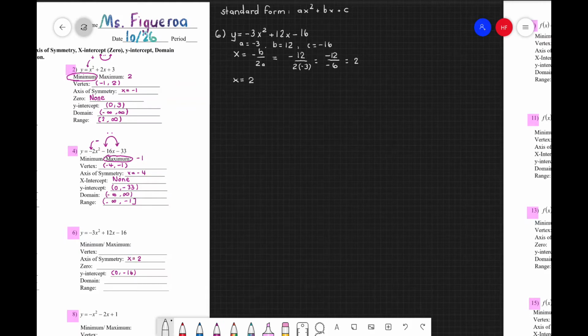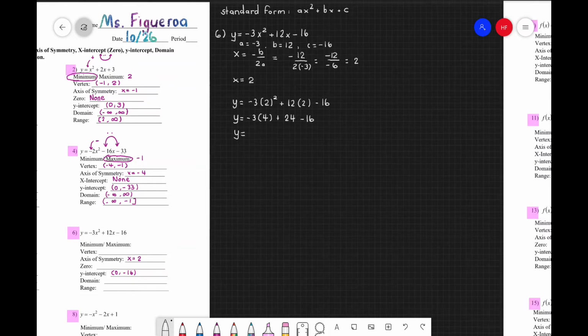So now we're going to find our vertex by plugging that value in. Y equals negative 3 times 2 squared plus 12 times 2 minus 16. So again, at this point you could plug it straight into a calculator and find what your y value is, but I'm going to work it by hand. So y equals negative 3 times 2 squared, which is 4, plus 12 times 2, which is 24, minus 16.